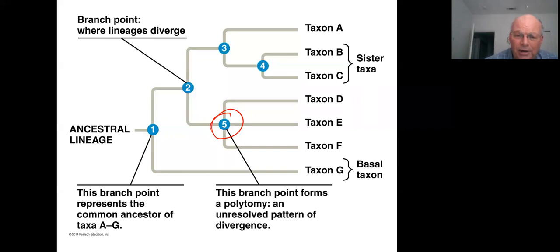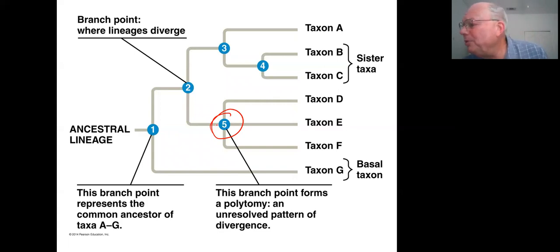So for now, we temporarily have this polytomy, this branch point that contains more than 2 branches, until such times as we can clear up which of the 3 taxons is the most basal of the 3 and establish a dichotomous, there's the word I was looking for, a dichotomous branch point that identifies that basal divergence and then establishes the other 2 as 2 branches on a second dichotomous branch point on the second branch from that basal branch.